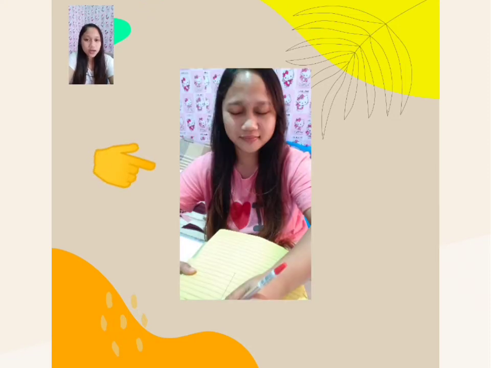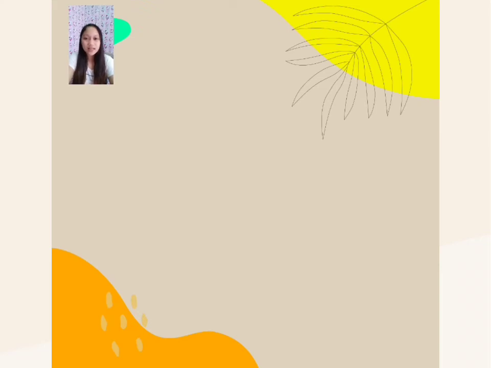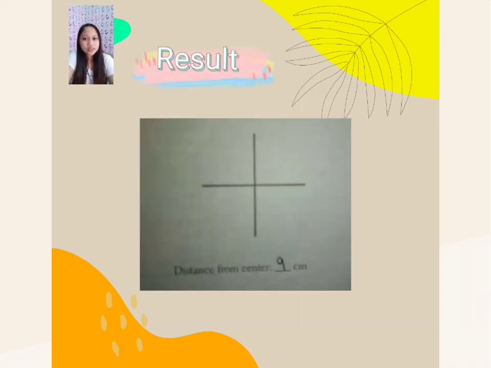Then close your eyes, extend your hand to the side and back to touch the center of the cross using a marker or pen, and make a small mark on the spot. The last step is to measure the distance, and the result is 9 centimeters.